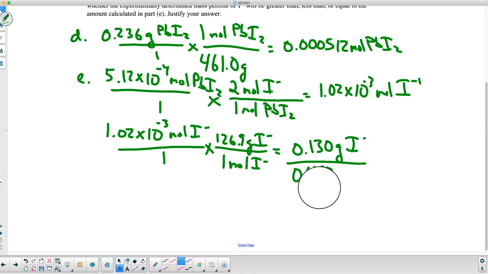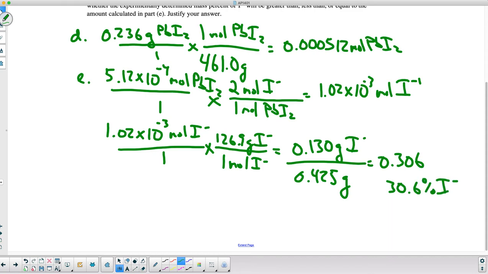Okay, I'm glad I checked. 0.425 grams, and that's of the tablet. So what that equals then is about 0.306. That's the ratio of the iodide to the whole tablet, which means that we're at about 30.6% iodide of that tablet. Okay, good.